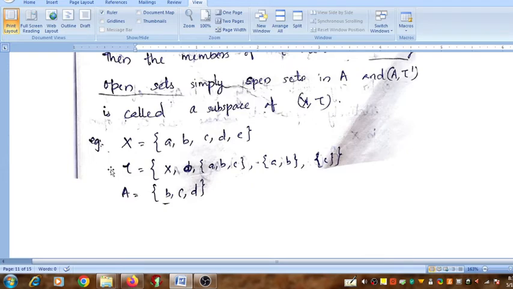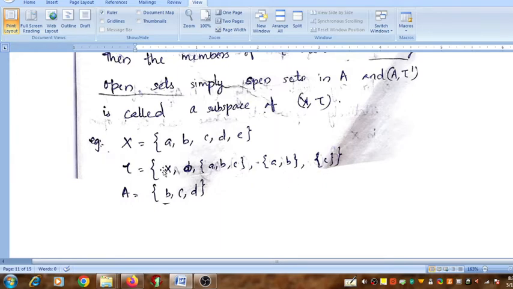This is the topology we take on the set X. The topology tau must contain the entire set X and the null set phi, and then we include the set a, the set abc, the set ab, and finally the set c.